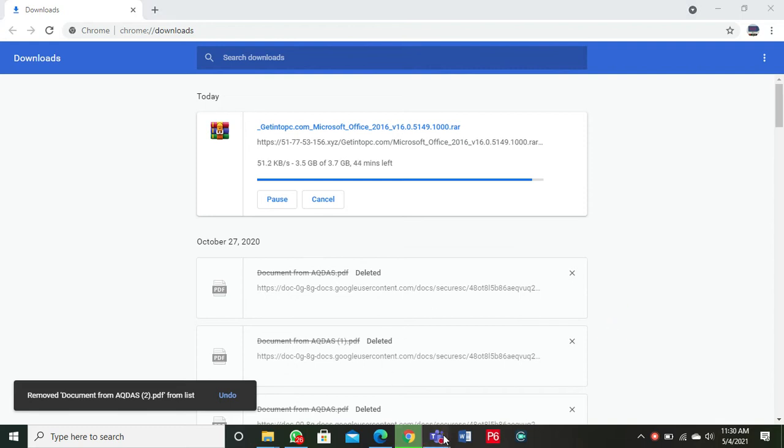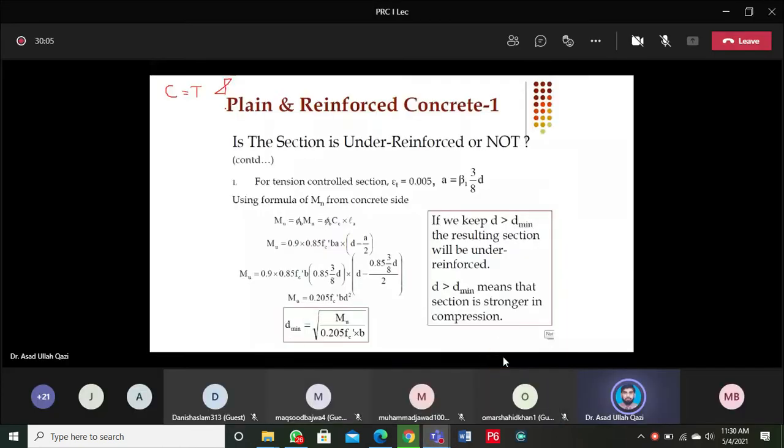So in all those derivations you will find that we are calling the basic longitudinal equilibrium equation, C equal to T, and then substituting the neutral axis depth corresponding to the required condition, and then getting either the rho balanced or rho max equation.